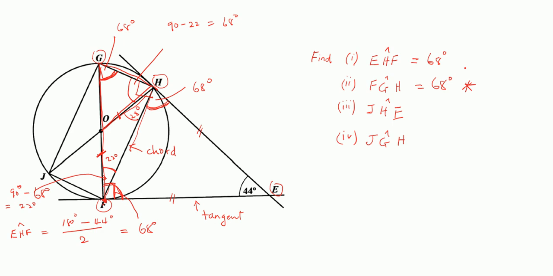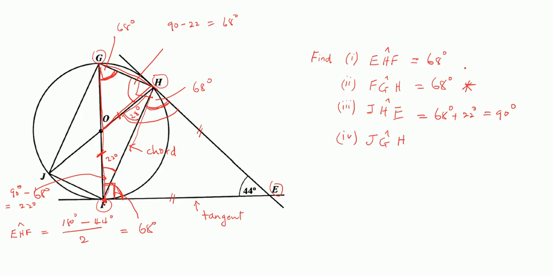JHE is this big angle here, JHE, right? Okay, so we already know pieces of information here. This will simply be JHE, which will be 68 degrees plus 22, which is 90 degrees, right?